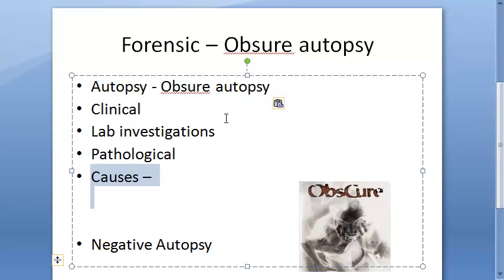Then miscellaneous: the person can die because of allergy, drugs, idiosyncrasy. Okay, so these are the causes.